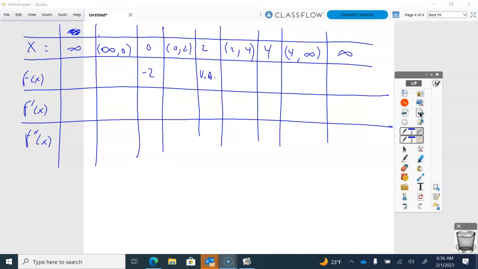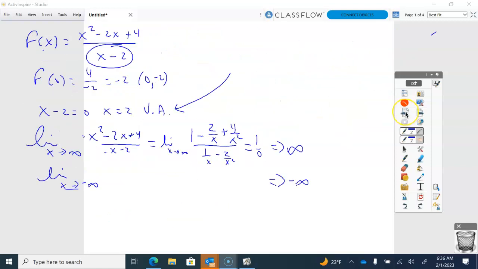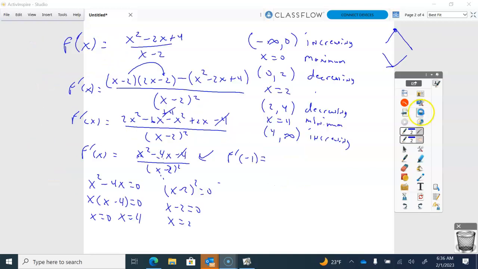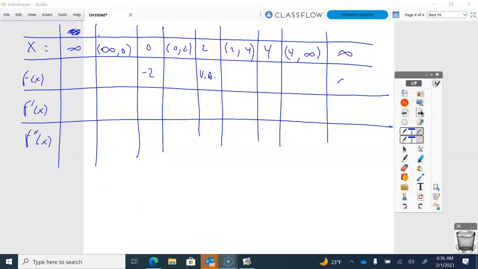I also have, looking at that same first page, that as I approach infinity, my function approaches infinity, and as I approach negative infinity, I'm approaching negative infinity. Fair enough. Okay, moving forward.